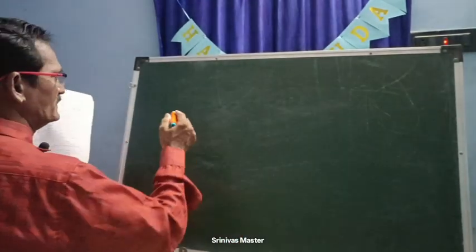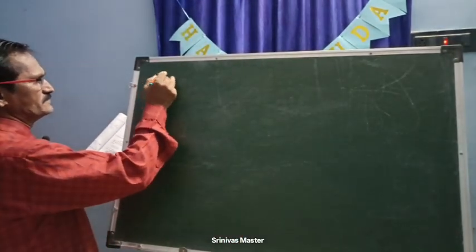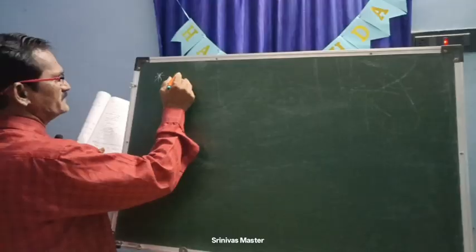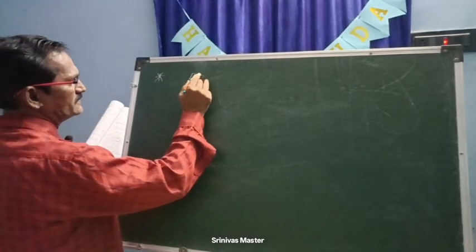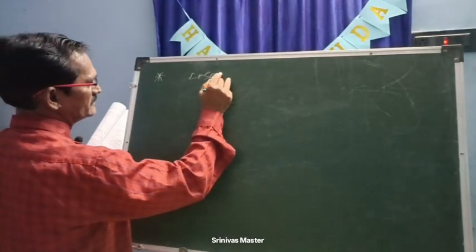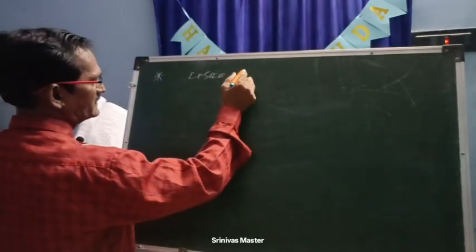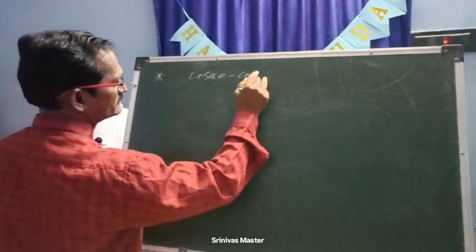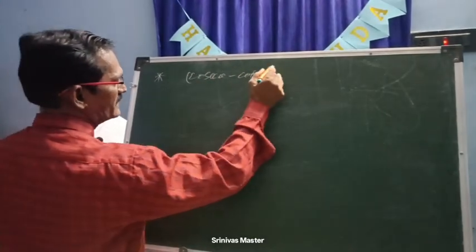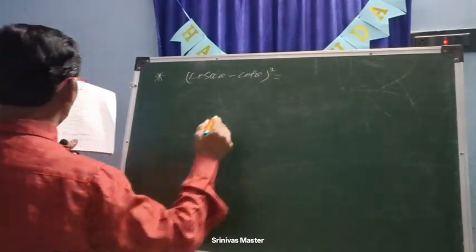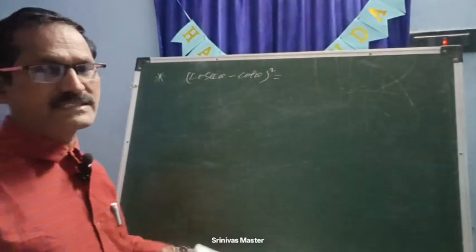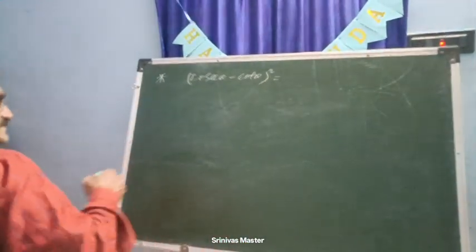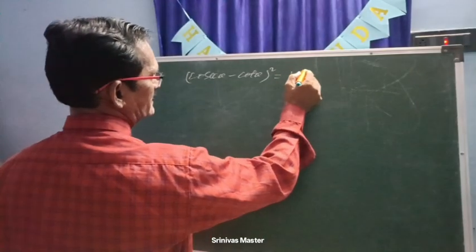The last one. So the first problem, we have to prove that cosec theta minus cot theta whole square equal to 1 minus cos theta by 1 plus cos theta.